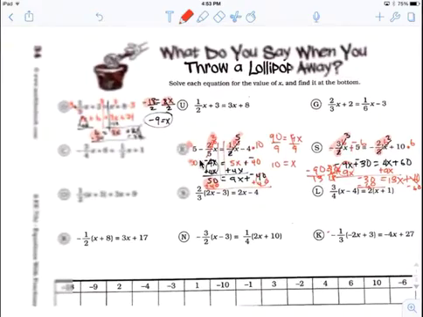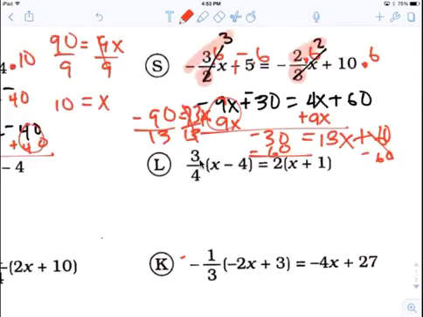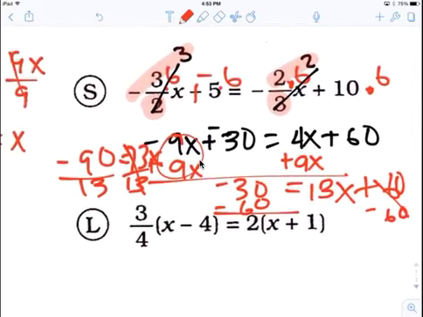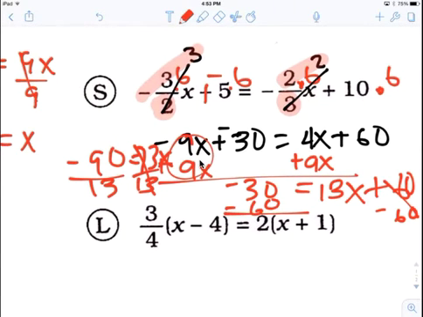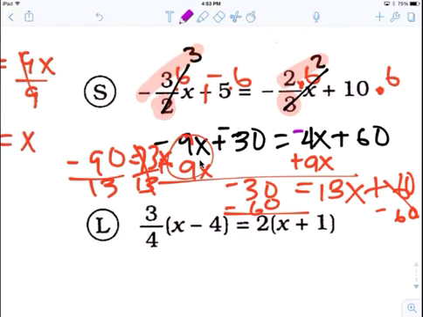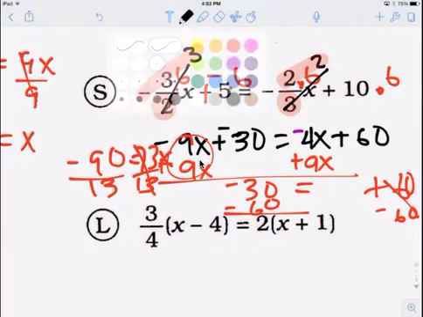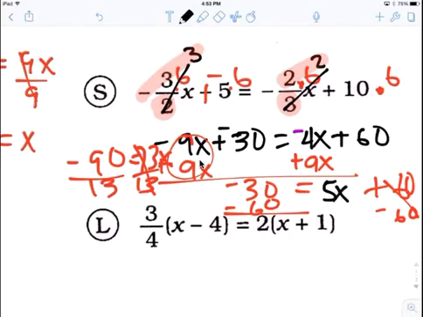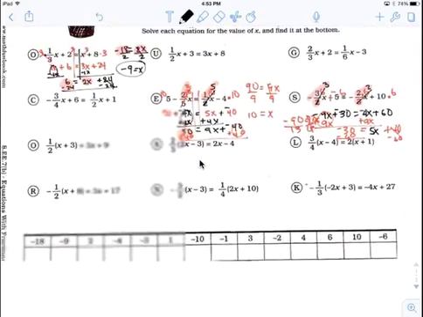Did I do something wrong? I think so. Let's go back and look. Negative 30. Aha! Because there's no answer. It's a negative 4. So, therefore, this is a 5x. That's why I like this. I can't find the answer here.